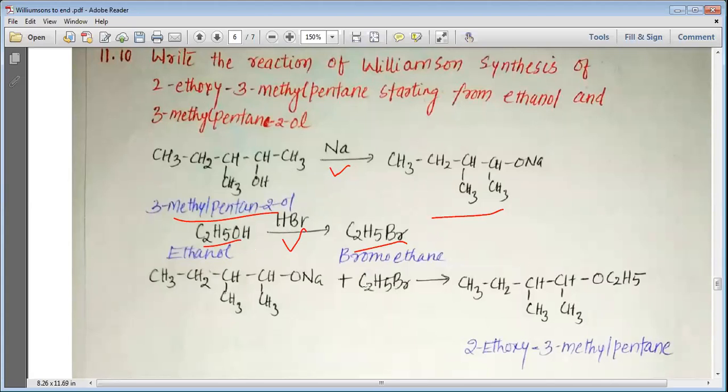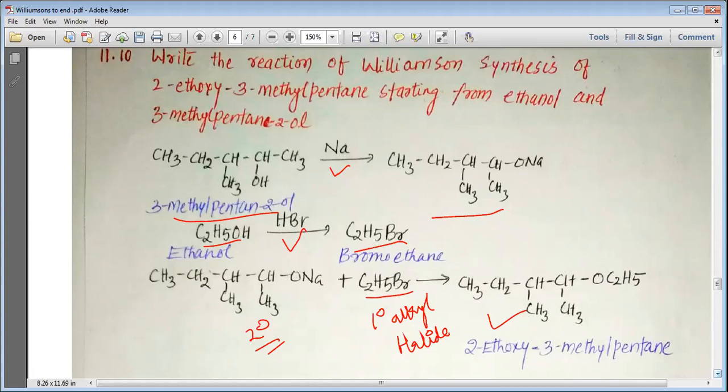Now the primary alkyl halide preferably reacts with the secondary alkoxide to give us the desired product.